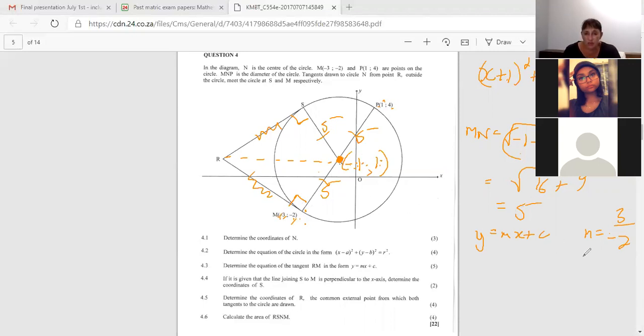It should be positive though. Oh, I covered up my negative. So it is 1 minus minus 2, which gives me 3, over minus 1 minus minus 3. Minus 1 plus 3, 2. Sorry, 2. So in other words, negative 1.